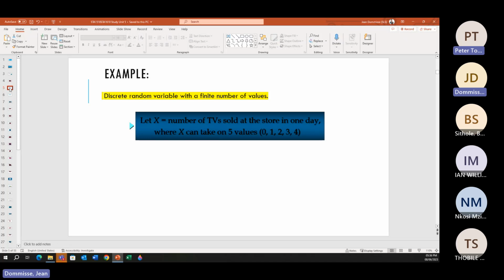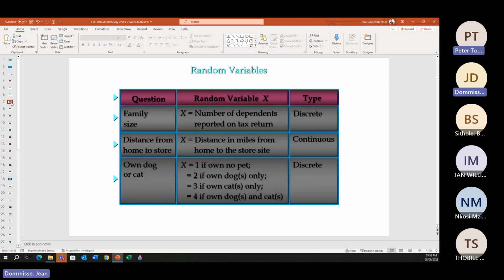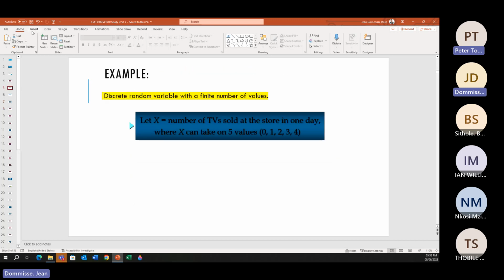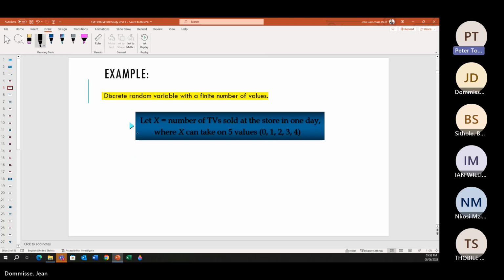So in a discrete random variable, you can get where it says let x be the number of TVs sold in one day, and x can take on the values 0 TVs sold, 1, 2, 3, or 4. Normally with a discrete, you will get that.